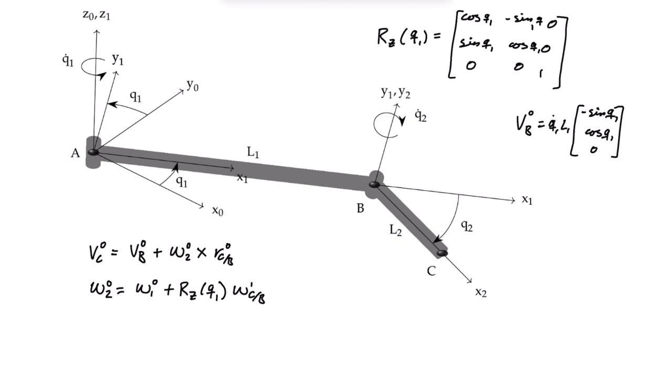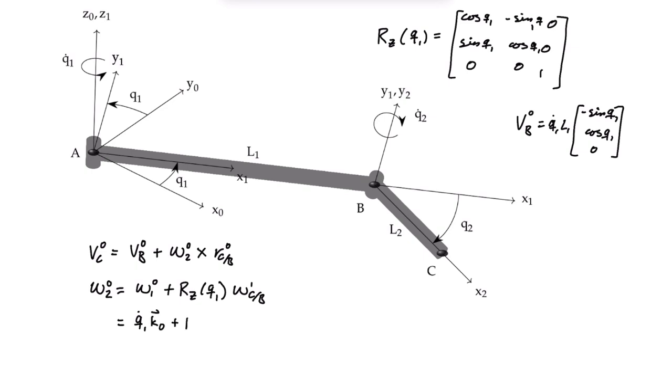And it's rotating around the y-axis, which means that this one should be equal to, so we also need to explain this one. It's just the same as last time. So it's q1 dot, and then multiplied by the k axis.